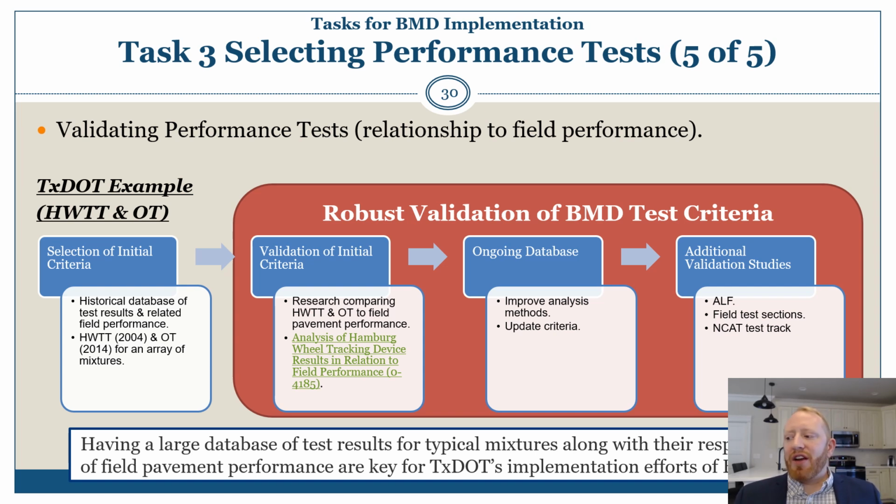The key thing here is their respective history of field performance. It's very easy to test a mix now. The harder thing is to get that field performance because it takes time. So anything that you can do is helpful, and there are many different ways to establish that. There's not one right way to establish that relationship. We have many resources in the publications that we reference that talk about that.